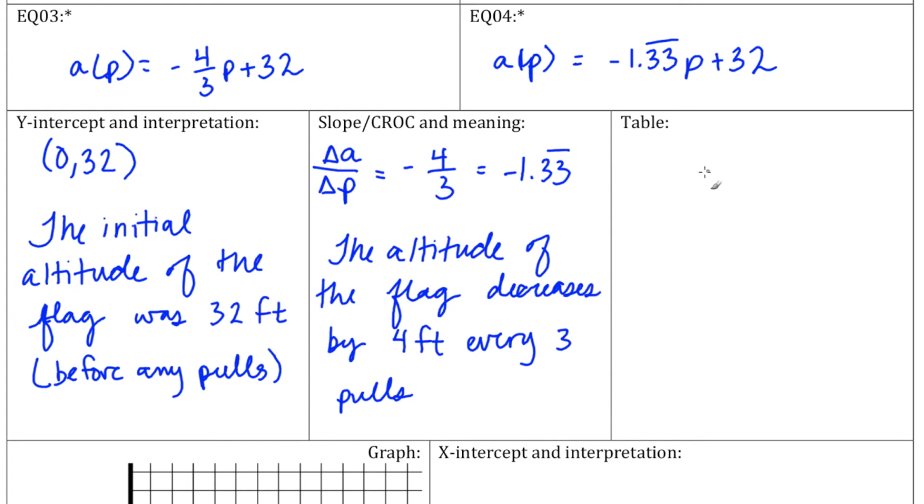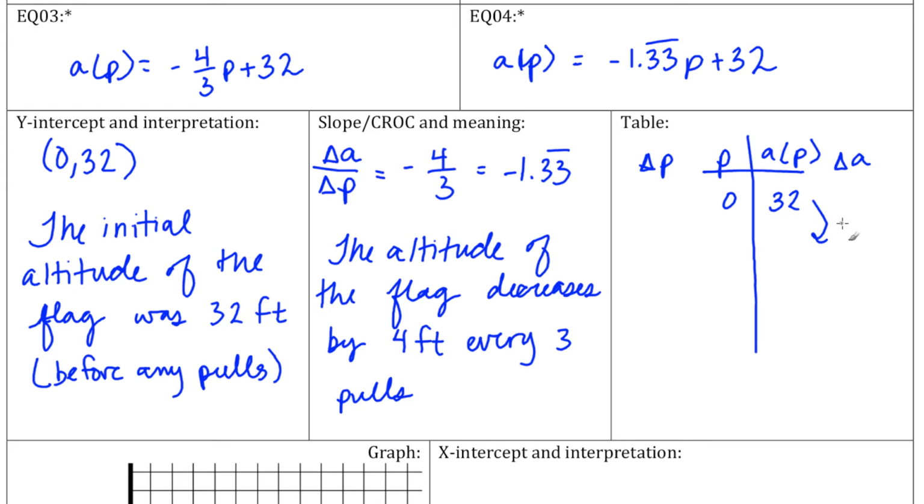Now let's make a table with this. So let's do the pulls and the altitude as a function of pulls. So our initial altitude was 32 feet, and the change in altitude according to the change in pulls.